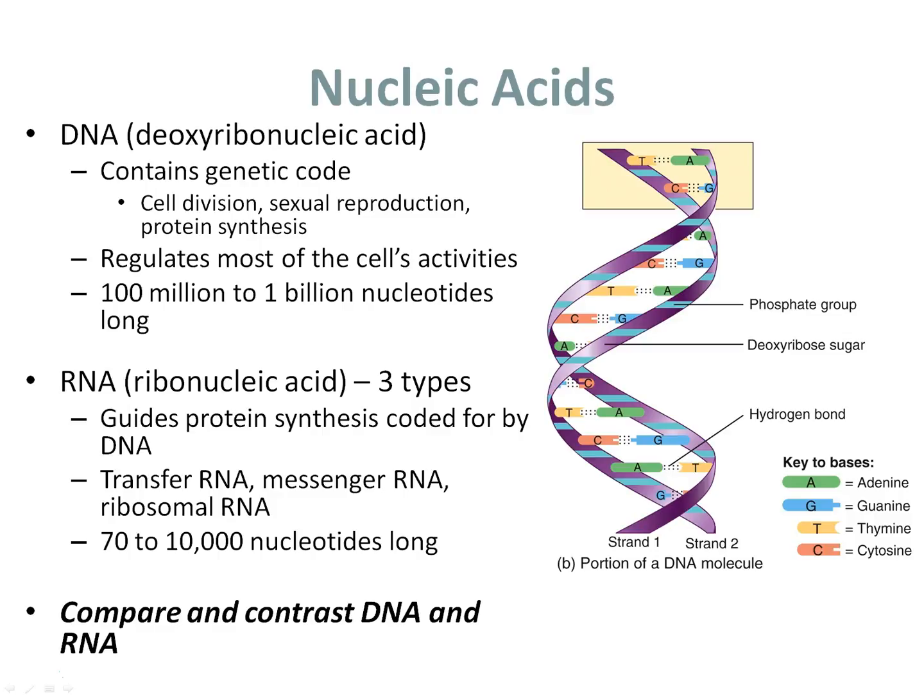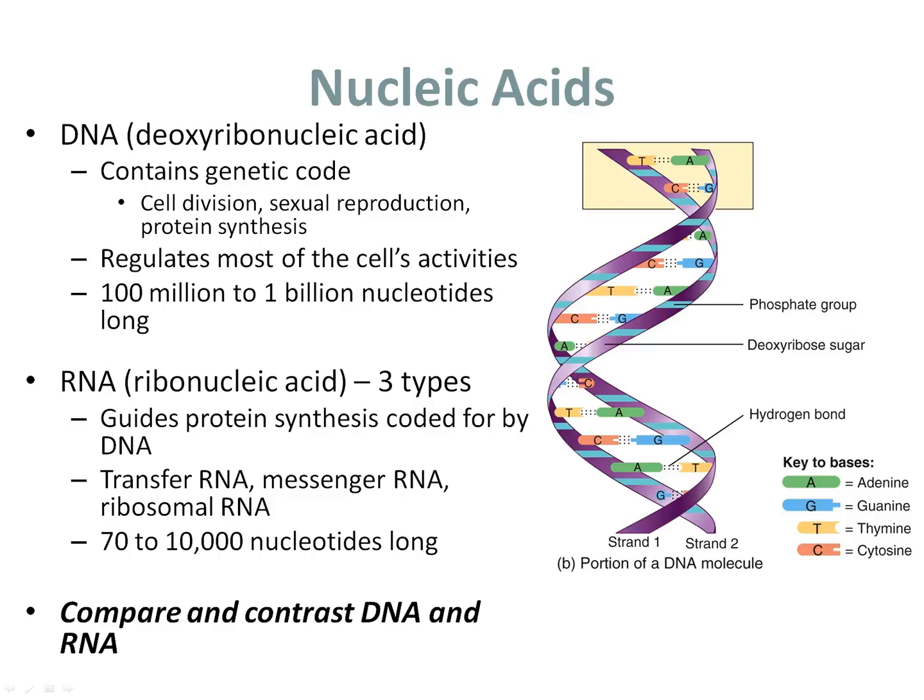Our nucleic acids are going to be the DNA and RNA. Hopefully you remember these from your introductory biology class. The DNA contains the genetic code, which is especially involved in cell division, sexual reproduction, and protein synthesis. It regulates the cell's activity, and there are 1 million to 1 billion nucleotides in a DNA molecule.